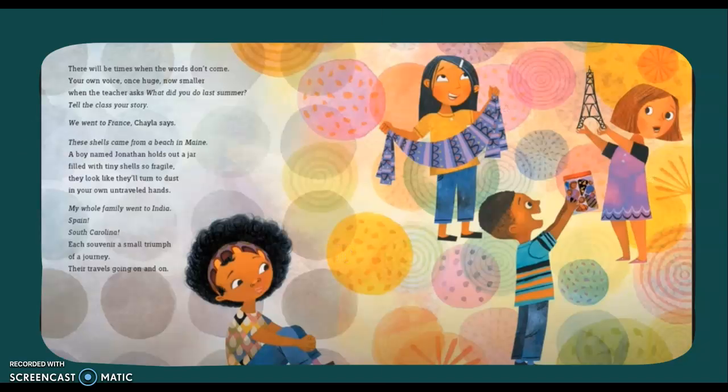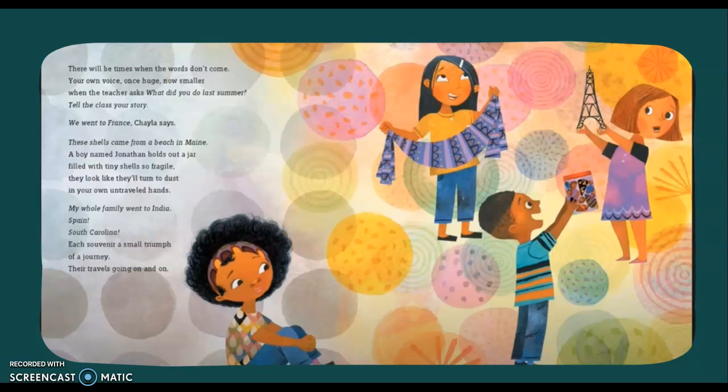There will be times when the words don't come. Your own voice, once huge, now smaller, when the teacher asks, "What did you do last summer? Tell the class your story." "We went to France," Shayla says. "These shells came from a beach in Maine."